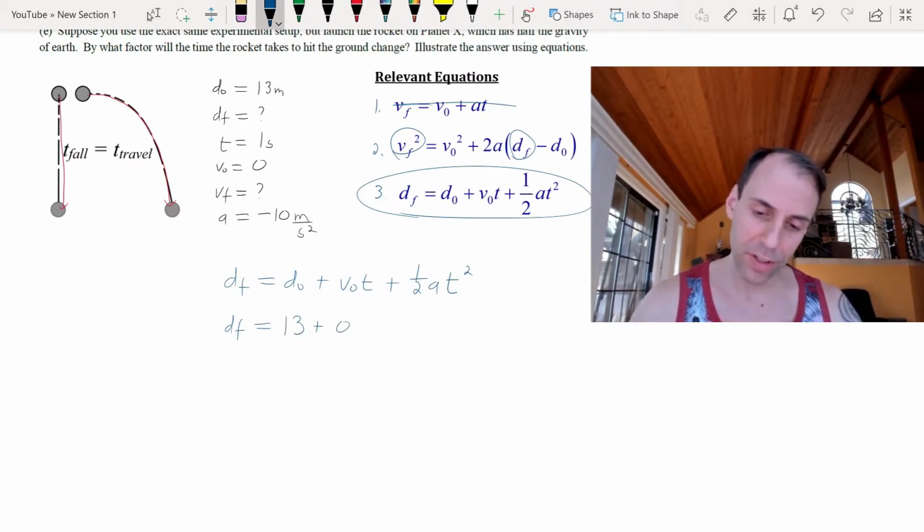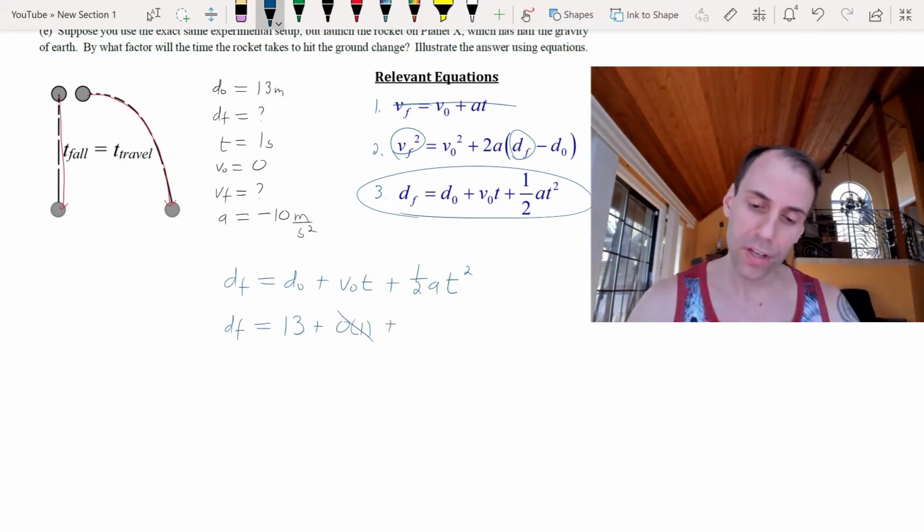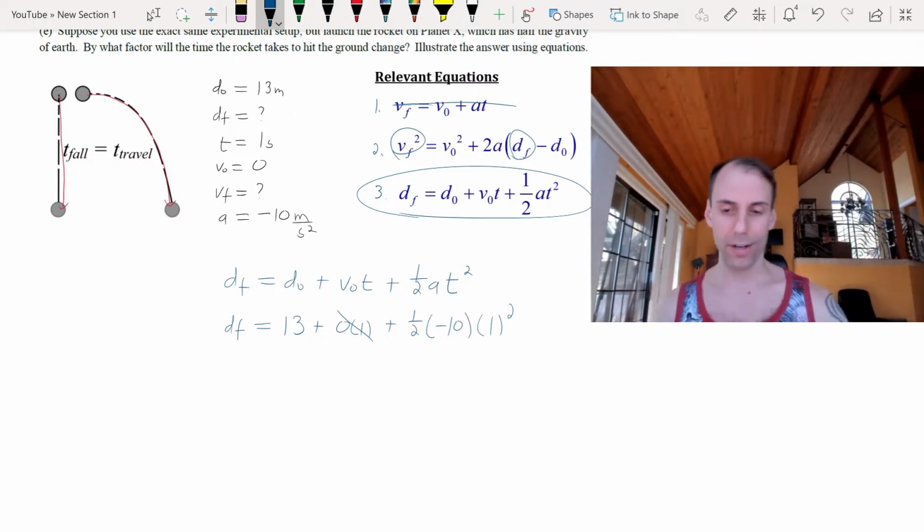The initial velocity is 0. The time is 1 second. That just crosses out, 0 times 1. Plus 1/2 times negative 10 times 1 squared.